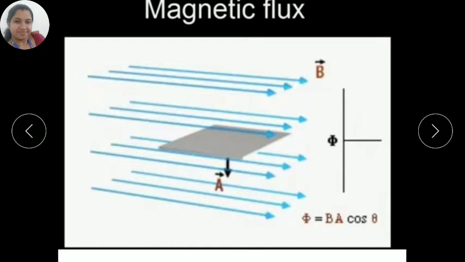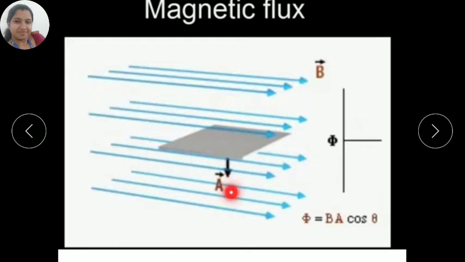So we can explain that statement through these two diagrams. Here the magnetic field lines are passing through this direction and we place the surface over the magnetic lines. Over the magnetic lines means the area vector is perpendicular to the magnetic field lines.